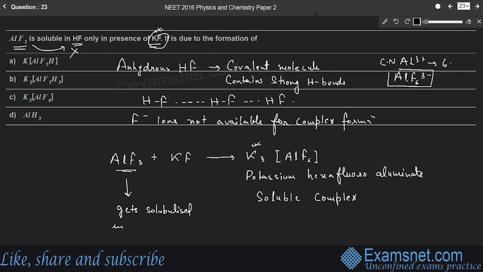So which complex is formed? Potassium hexafluoroaluminate. So this is given in option number C. K3AlF6, option C will be the correct answer.